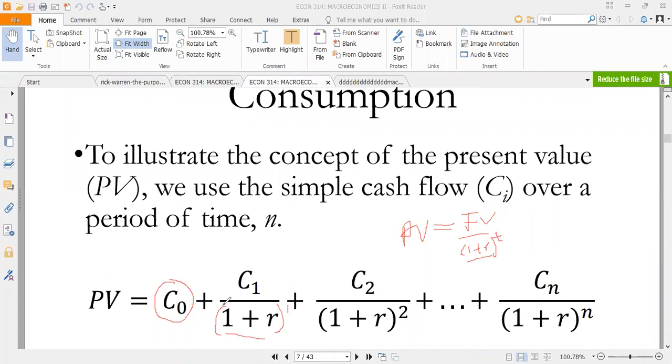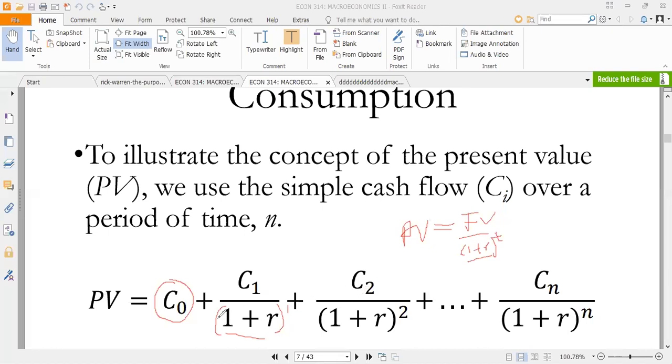After doing this discounting, you are able to find the present value of all the future cash flows. So you are able to bring the future value into the present so that you can make comparisons. This is how we discount.